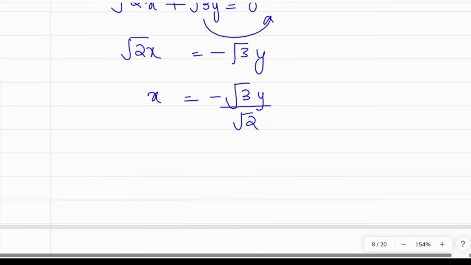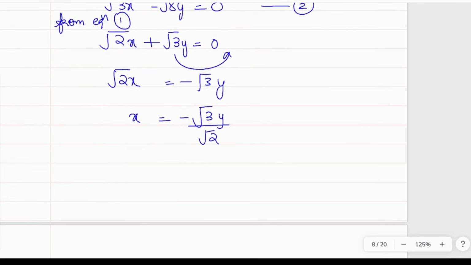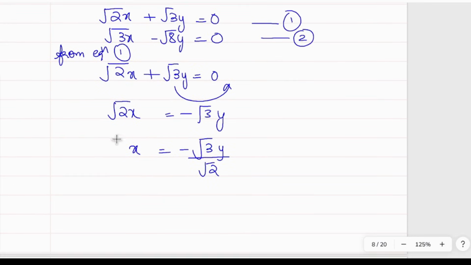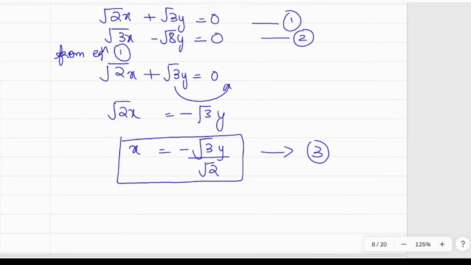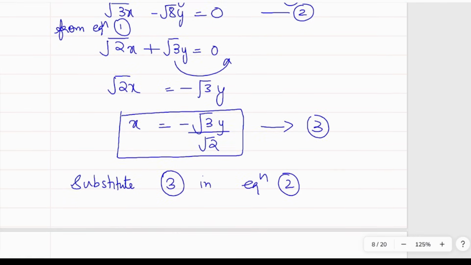This value I need to substitute where? In my equation 2, because I made this equation from 1. So I need to substitute this x in equation 2. What's my equation 2? That is root 3x minus root 8y equal to 0.